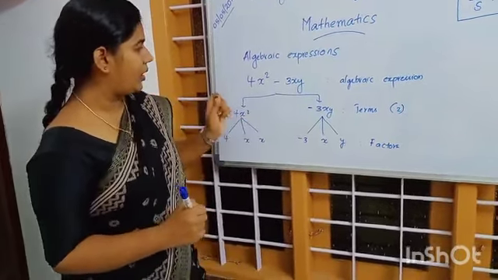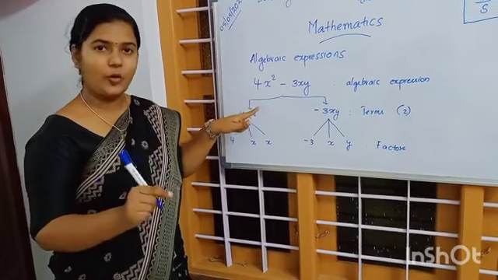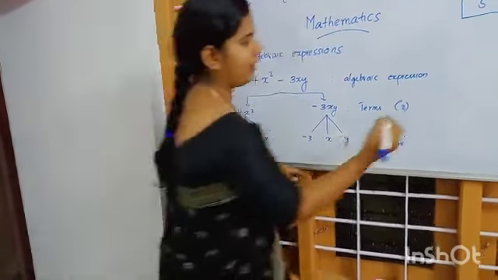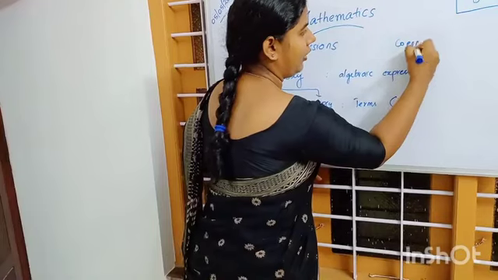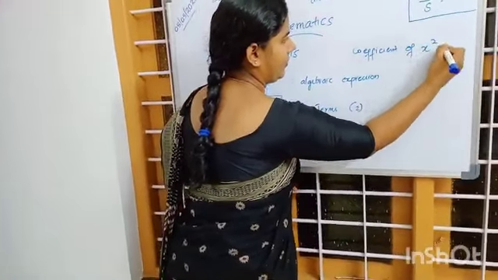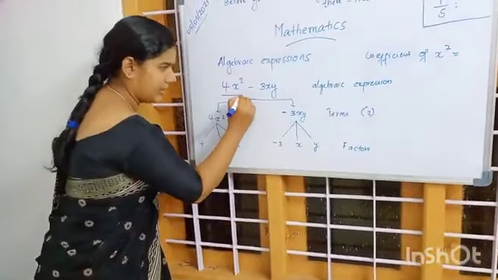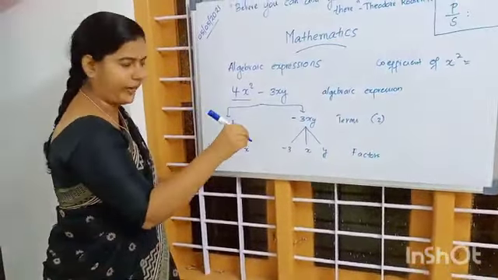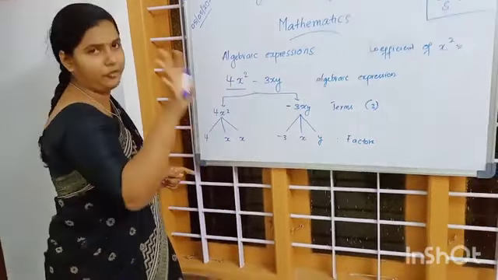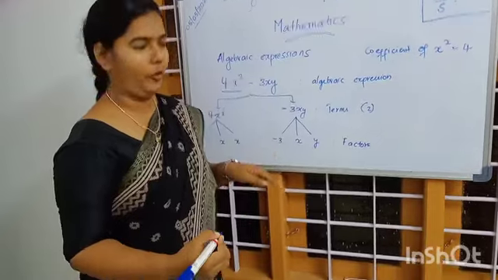So, my question is, in this algebraic expression, what is the coefficient of x square? Yes. So, this is the term consisting of x square and the coefficient is 4. So, the coefficient of x square is 4.